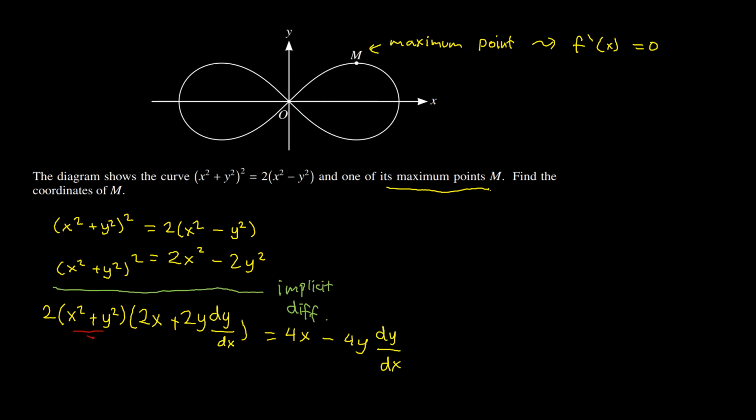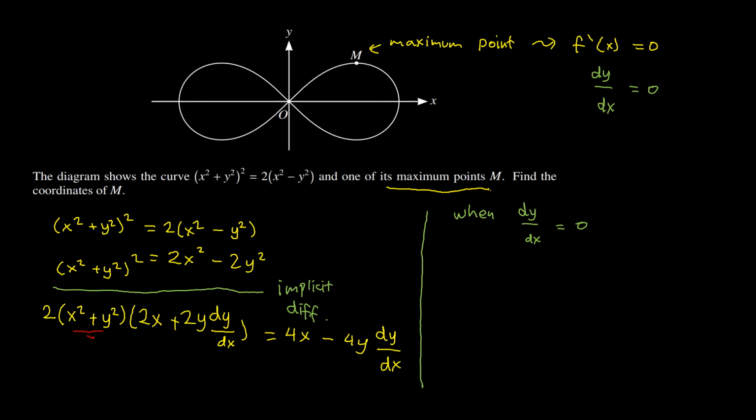and remember that we have f prime x is equal to 0, or we can rewrite this as dy over dx is equal to 0. So the function reaches maximum when dy dx is equal to 0. So let's write it here. When dy over dx is equal to 0, now we plug this as 0.